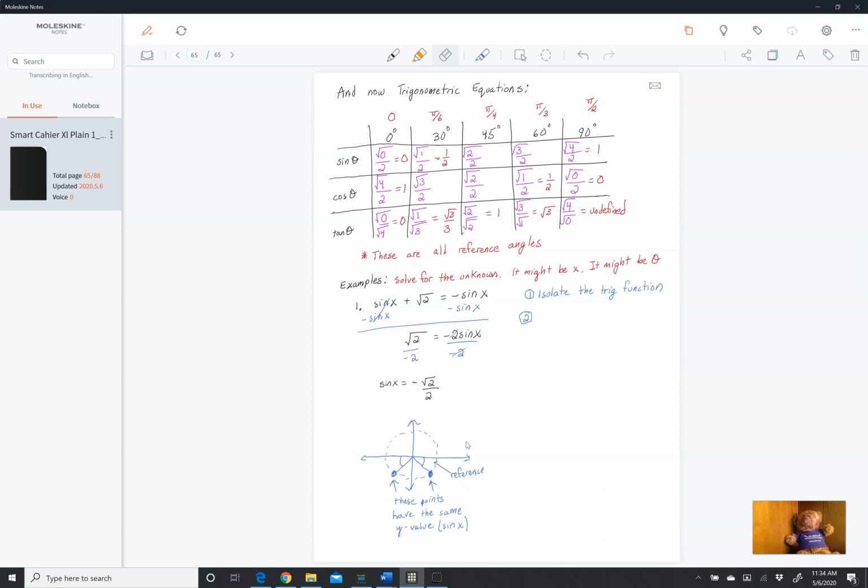We know that the sine of any angle is the same as the sine of its reference angle. It might be positive or negative, okay, but it's the same value.